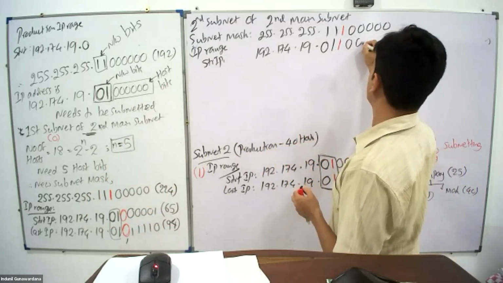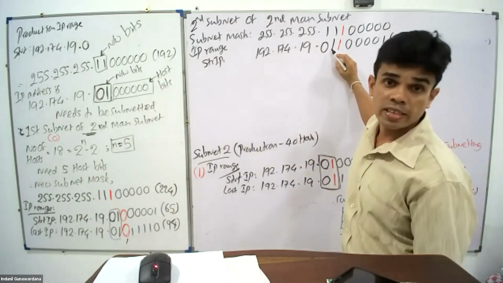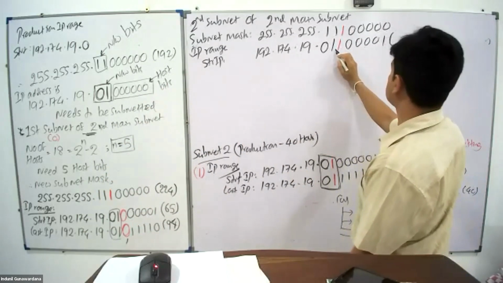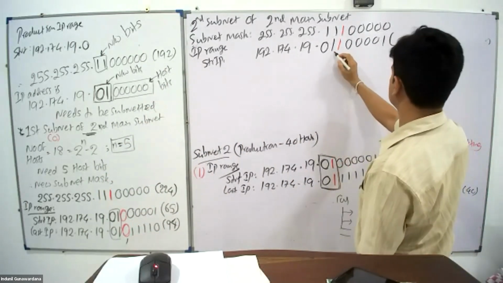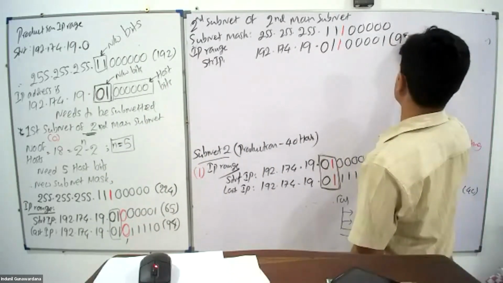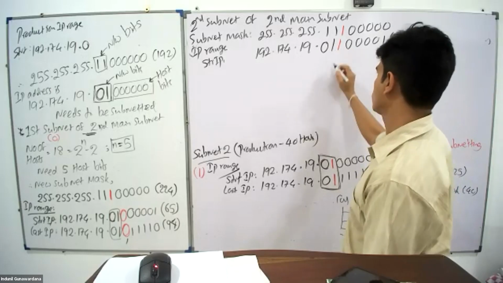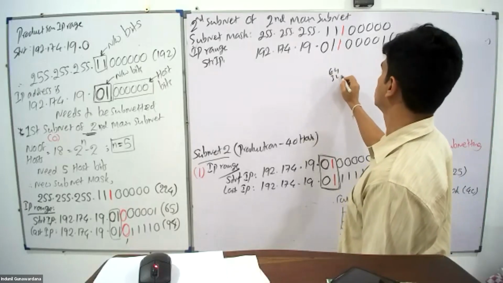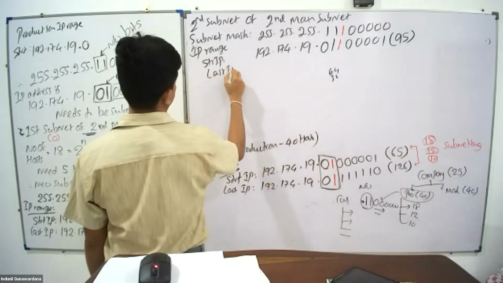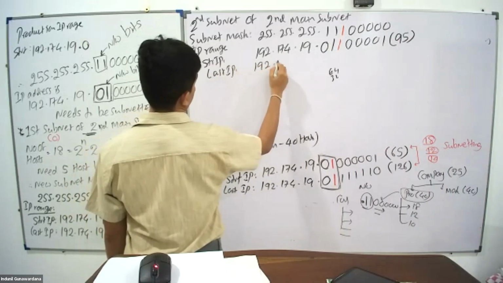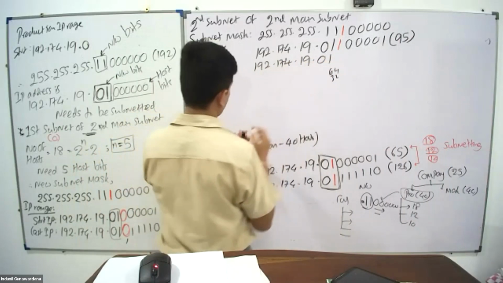Next subnet, 1 2 3 4 1. It goes like 64 plus 32 is 96, 96 plus 1 is 97. Then 64 plus the 96, 95. Right? 64, 32. Oh, 95. Then the last IP is 192 174 19 01.